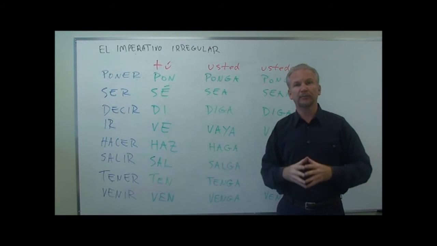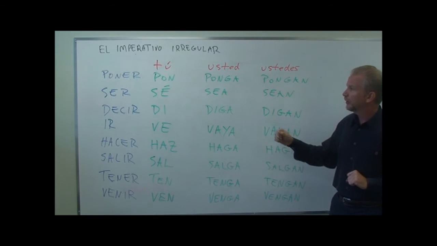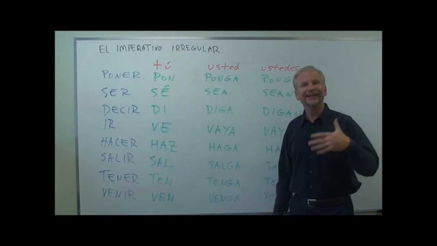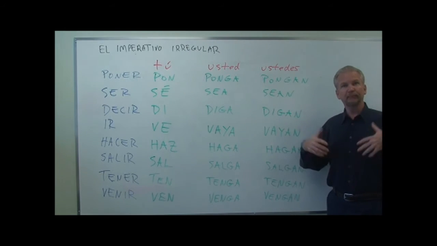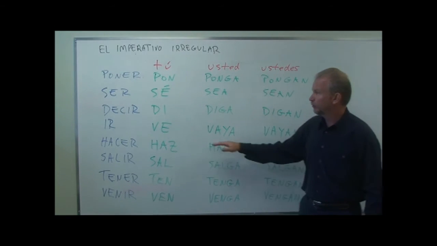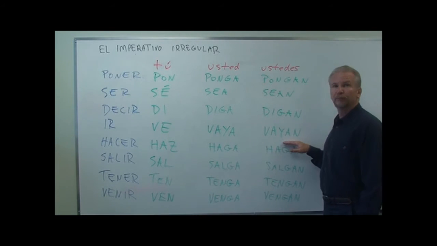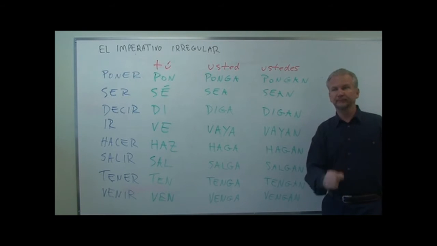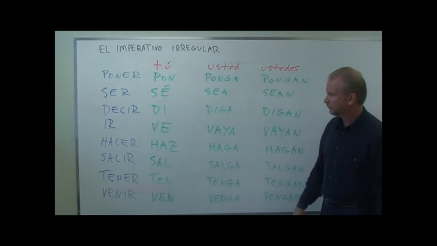Sea una buena persona. Be a good person. O sean, plural you. The verb decir would be diga. Diga la verdad. Say the truth. O digan, plural, to say. The verb to go with usted would be vaya. And the plural form, vayan. Vayan a la clase. Go to the class.